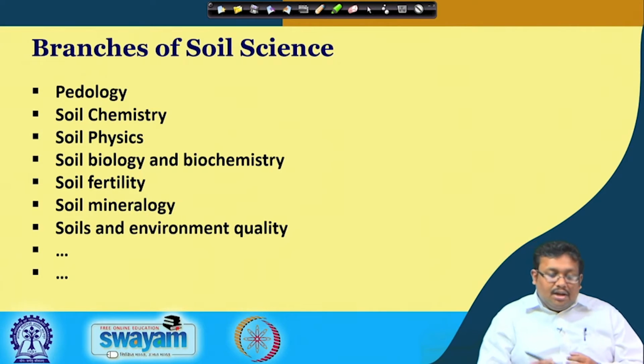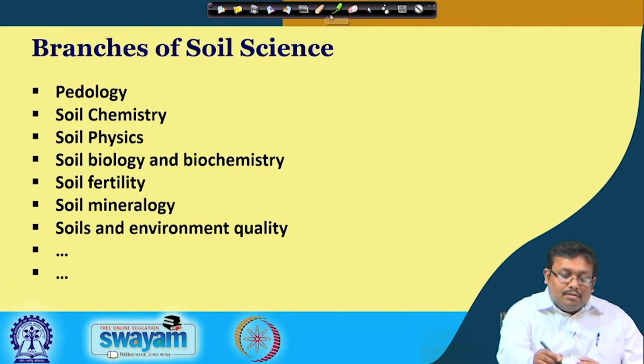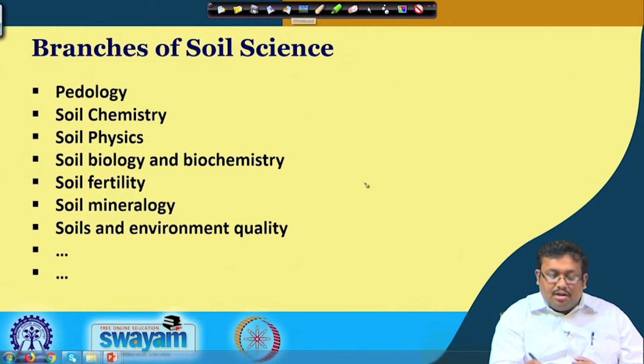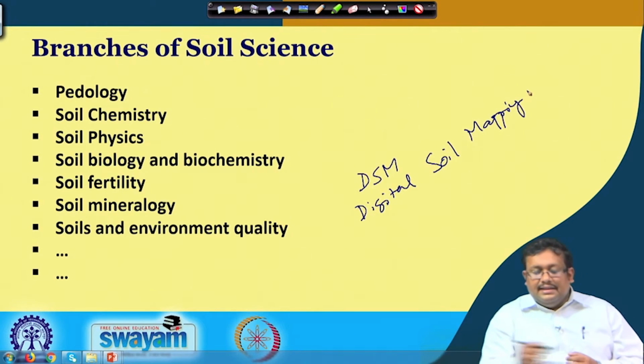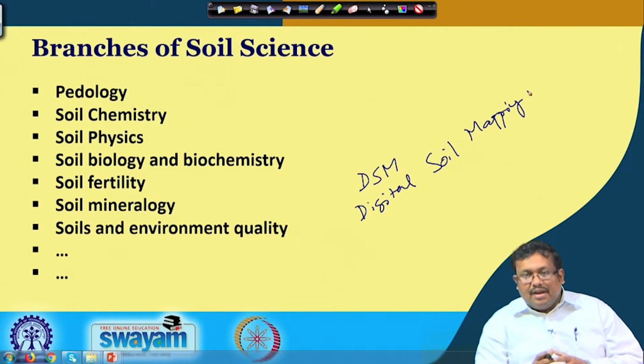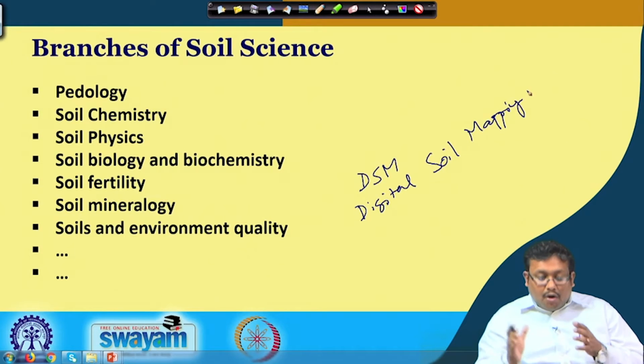For example, there is a new branch of soil science called DSM, or digital soil mapping, and this branch has been very popular for the last couple of decades, and we will have a thorough discussion on what is DSM and what are its aspects.